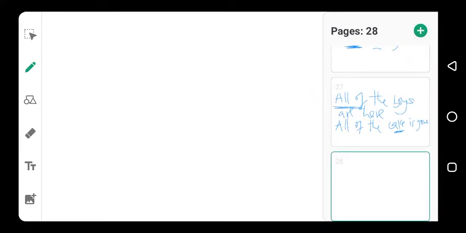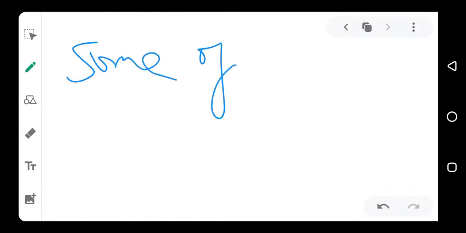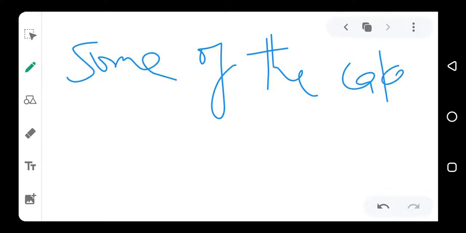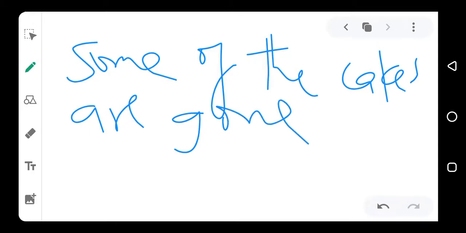Then the next one is some of. Some of the cakes are gone. The subject is plural, so it takes a plural verb.